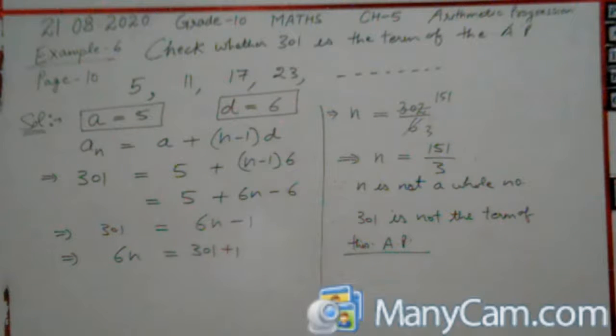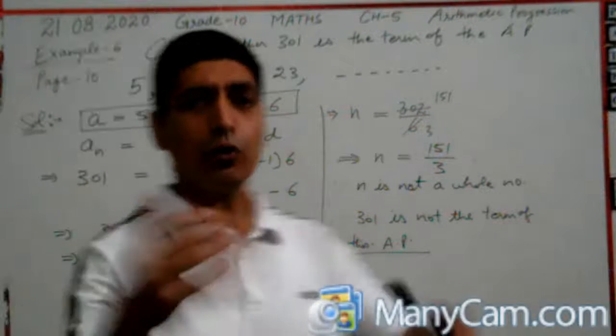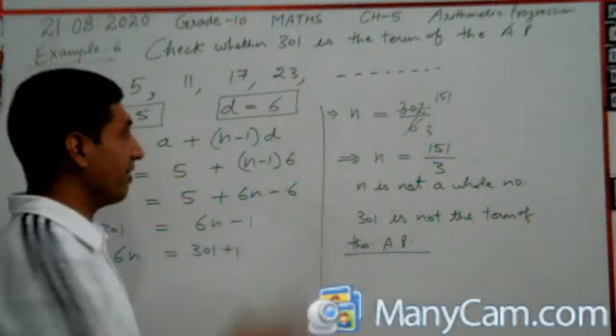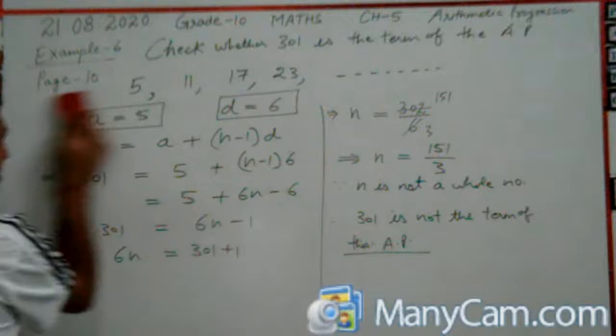Kavya Devrani is saying, sir, doubt. Kavya, what doubt? n is a natural number, but when we are talking about the list of numbers, one more doubt on this n, let me make it clear.